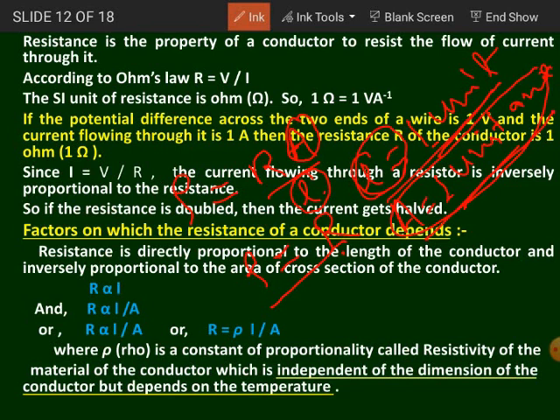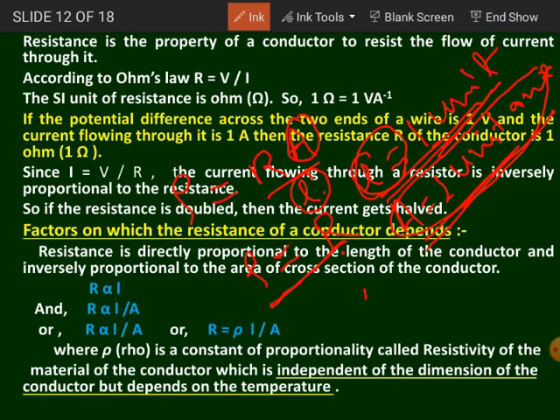That's why we call it specific: for specific length, for specific cross-sectional area. So that resistance offered by a conductor having unit length and unit cross-sectional area, we call resistivity. That's why we call this resistivity specific resistance. Specific unit length, unit cross-sectional area.